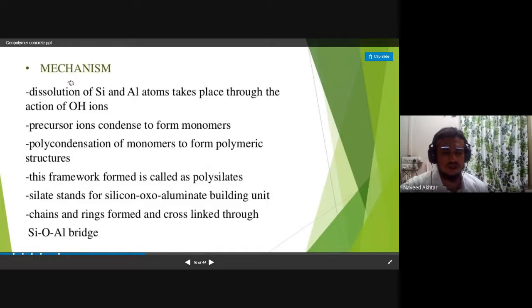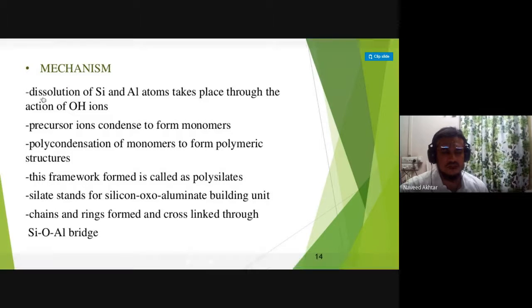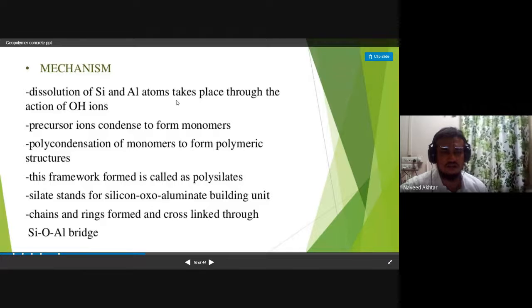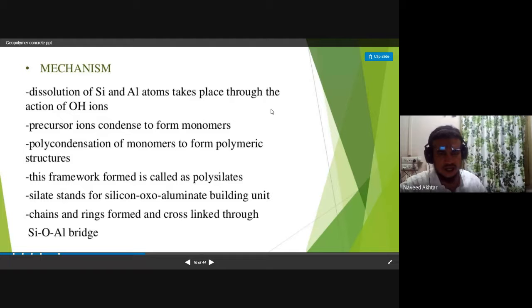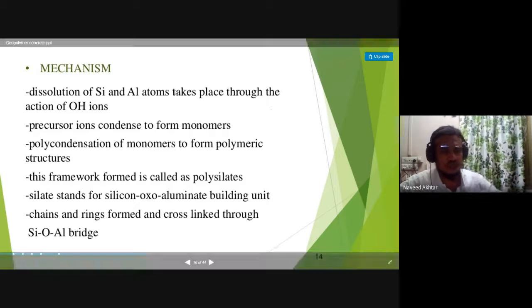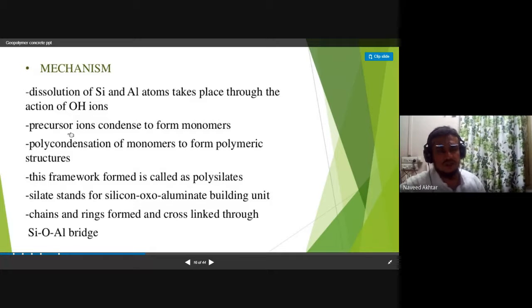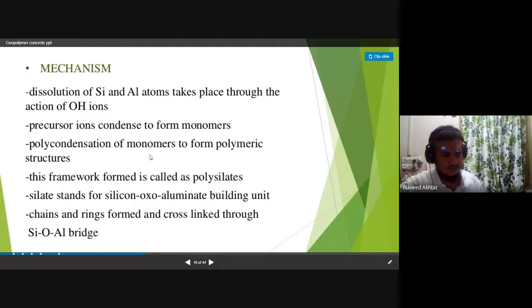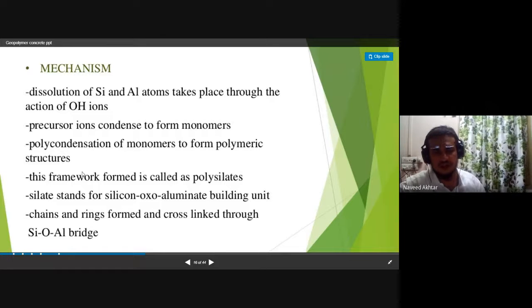The mechanism of geopolymerization is that dissolution of Si and Al atoms takes place as soon as we use the activator solution, and the OH ions are formed. Then precursor ions condense to form monomers, and then polycondensation of monomers forms a polymeric structure.